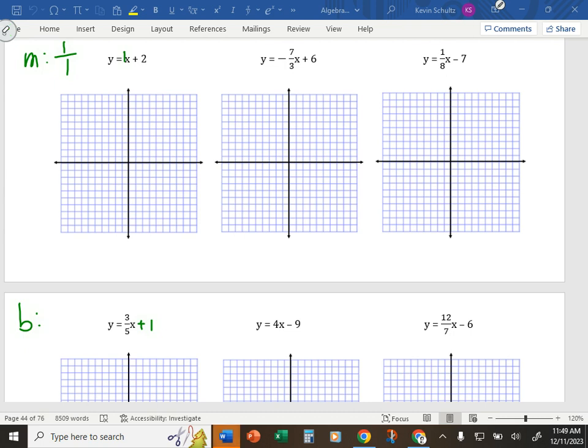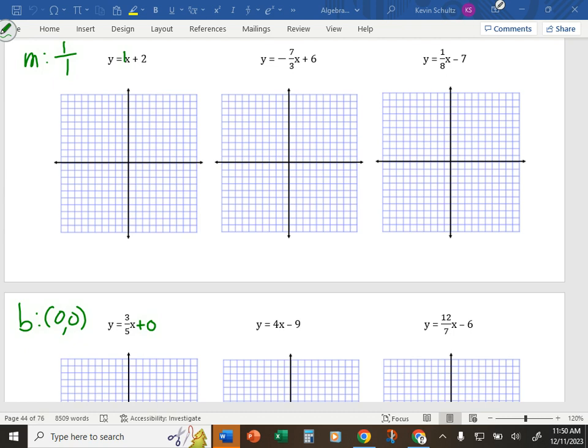With addition and subtraction, adding 0 is what doesn't change the value. So when there's no y-intercept written, it means it's 0. It's at the origin because adding 0 doesn't change the value of the equation. When there's no number before the x, it's a 1 because 1 times x is still x. If there's no y-intercept written, it's a 0 because 3/5 x plus 0 is still 3/5 x. So just watch out for that.